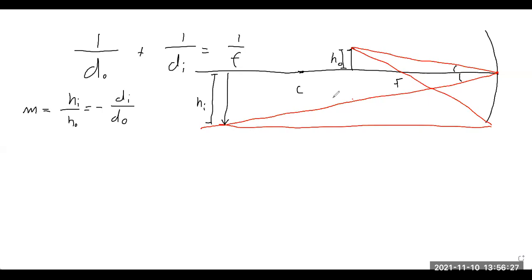And a second set of triangles can be made. Instead of looking at hitting the mirror itself, you look at going down to the focus and then going from the focus to the mirror. So this triangle is similar to this triangle.